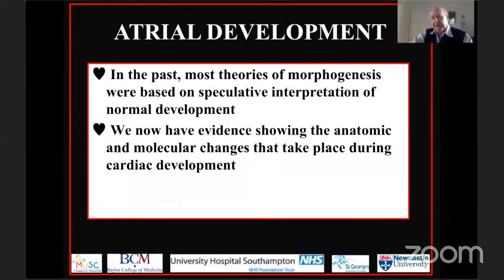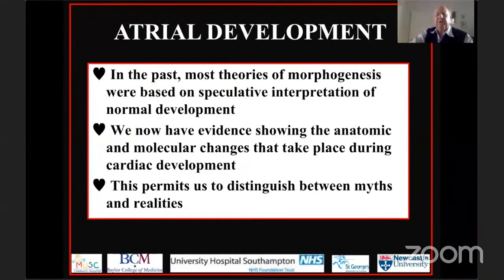But now, as I showed, we can really look at the evidence. We can appreciate properly what's going on during cardiac development. And that's what I'm going to do today, because when we think about atrial development, those speculations led to very many myths. Today, I'm going to try to turn those myths into realities.